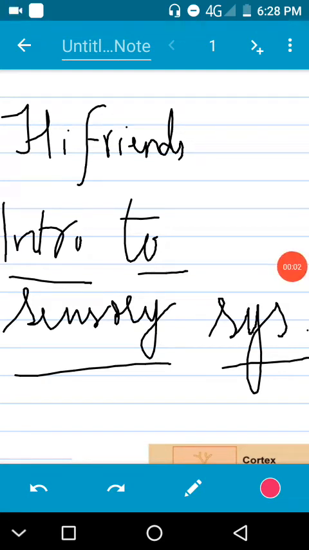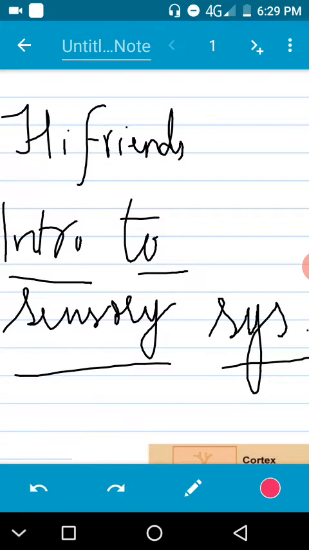Hello friends. So we are starting with the physiology of central nervous system, and today we'll have a look into the sensory system, especially the introduction to the sensory system, and we'll look to touch upon certain areas of the somatic sensory system.